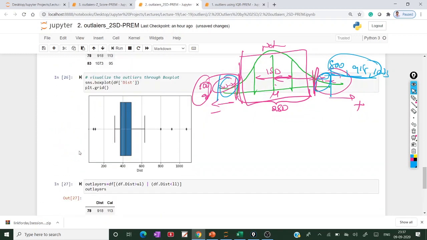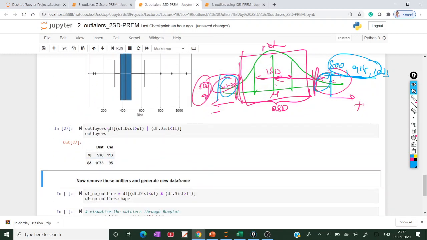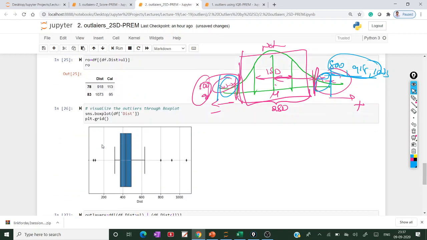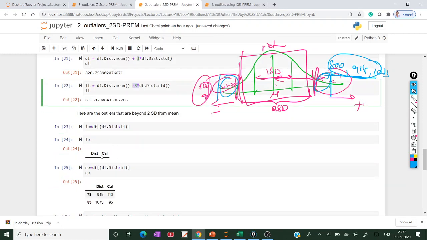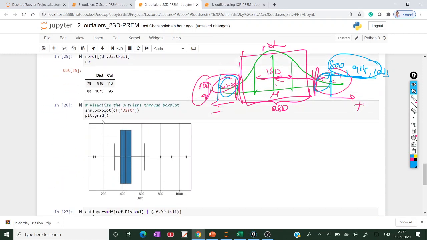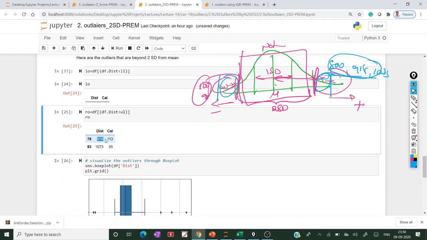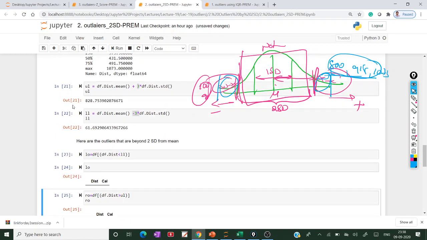See, if I use the third standard deviation, there are no outliers on the left side, and on the right side only two outliers are there, 918 and 1073. Now the upper limit is 828.